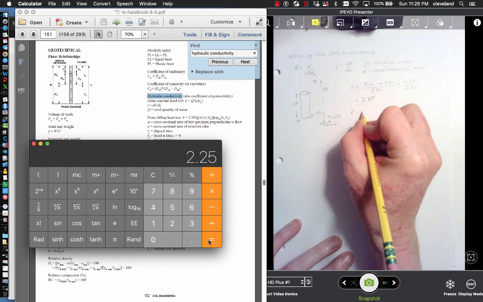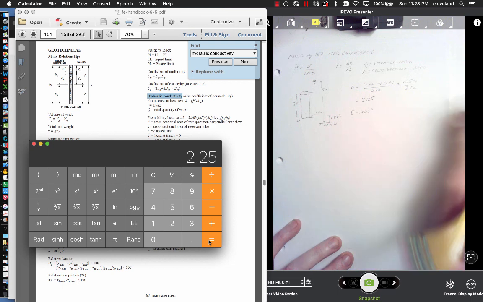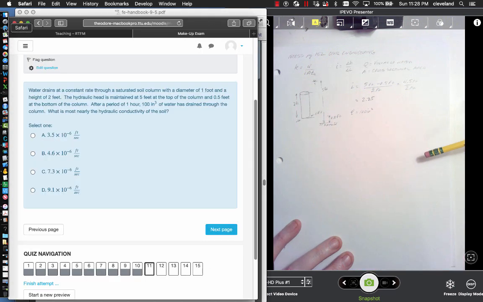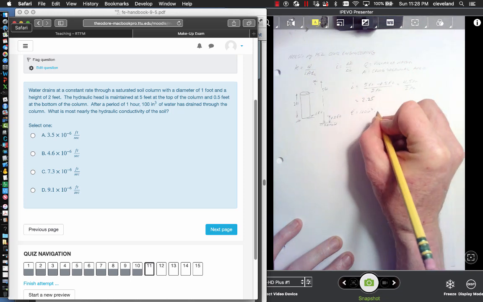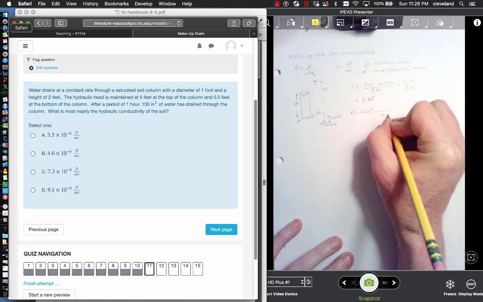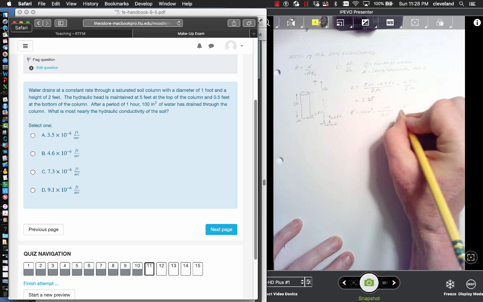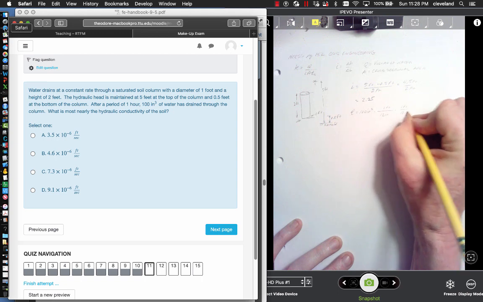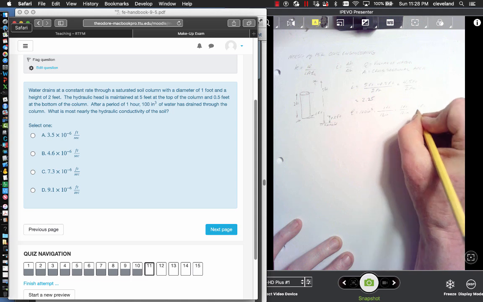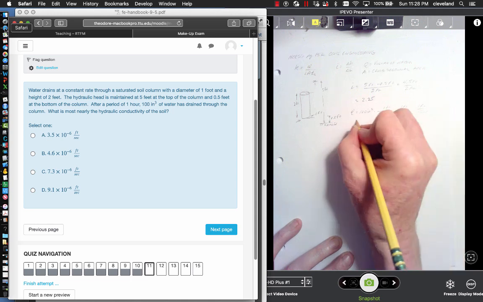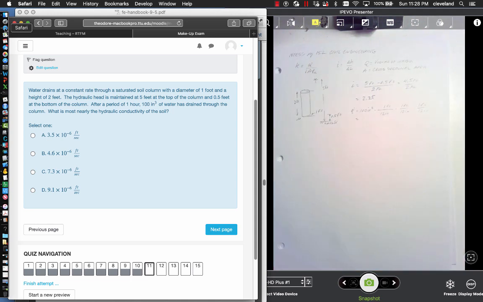Q is 100 inches cubed, but if we look at the answer units, we want these to get into feet per second. So there are 12 inches in 1 foot. So we'll convert 100 cubic inches into cubic feet by making that necessary arithmetic.